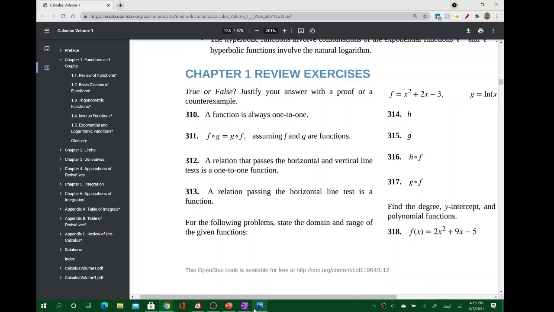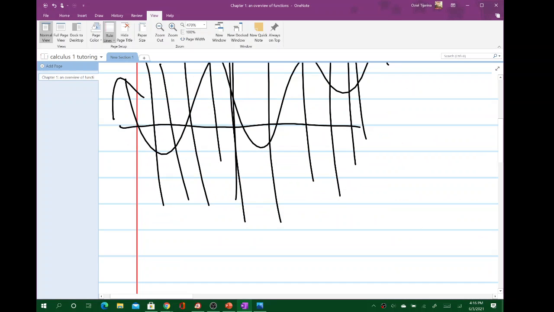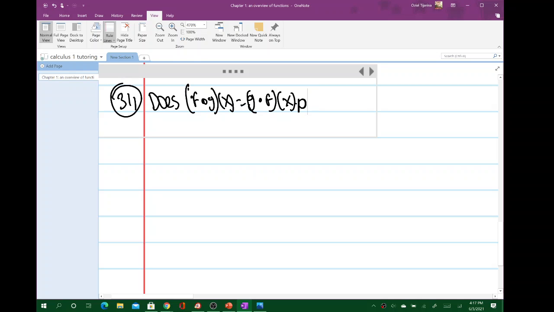f of g versus g of f, f of g equals g of f, so this is number 311. So let me go ahead and put 311. Excuse me. So basically it's asking whether or not this is true.